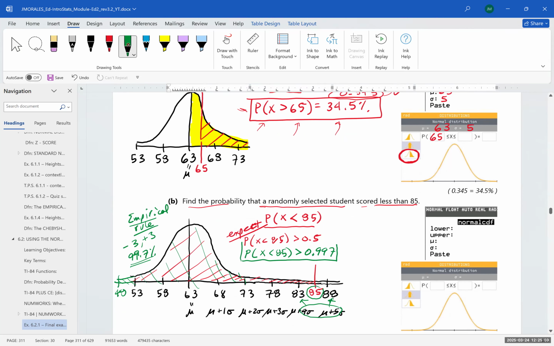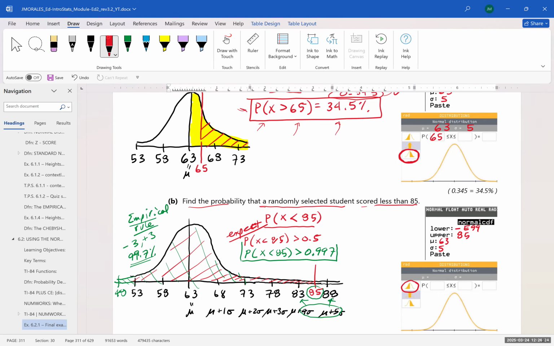All right. So with the Texas Instruments calculator, we're going to have a lower bound of -E99 with an upper bound of 85, with a mean of 63 and a standard deviation of 5. And with the NumWorks calculator, we want the area to the left.